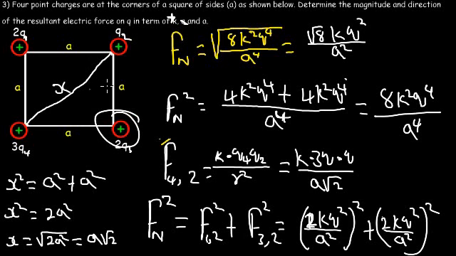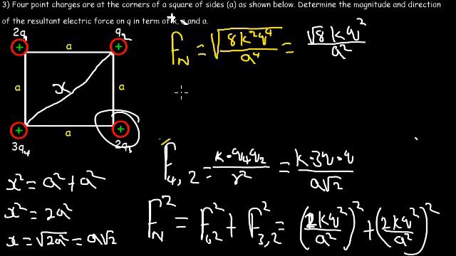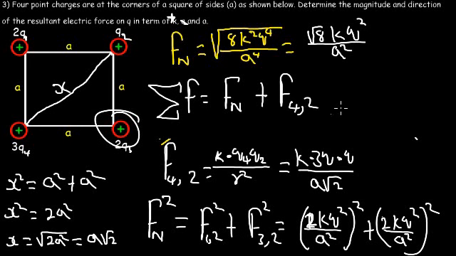Now I can combine this net force with f sub 4 comma 2. Since they are both parallel to each other, I can just find the summation of those forces. So the summation of f will now be equal to f sub n plus f sub 4 comma 2, because they are both heading towards the same direction.